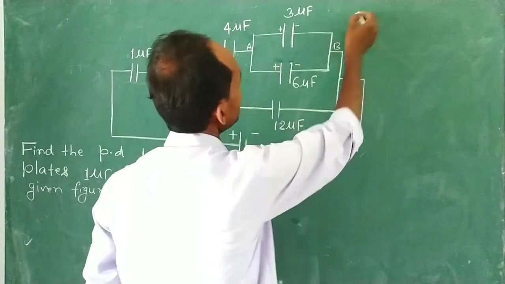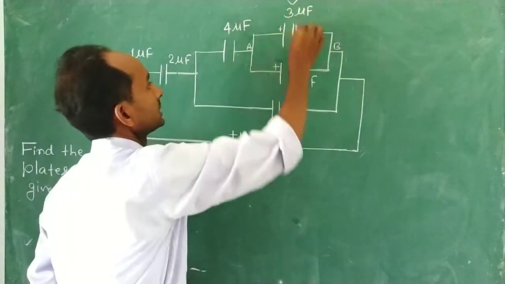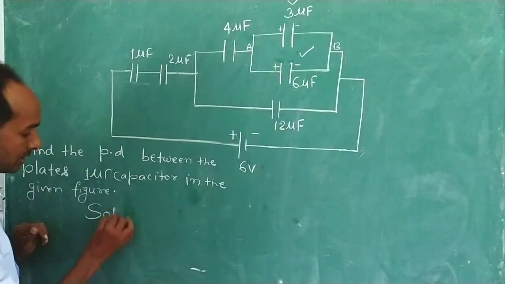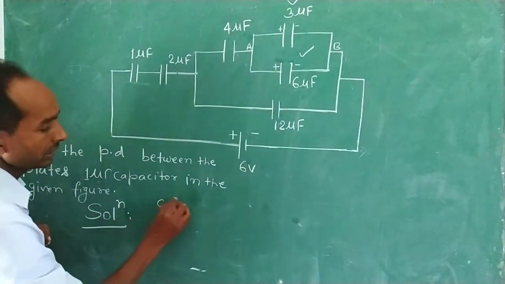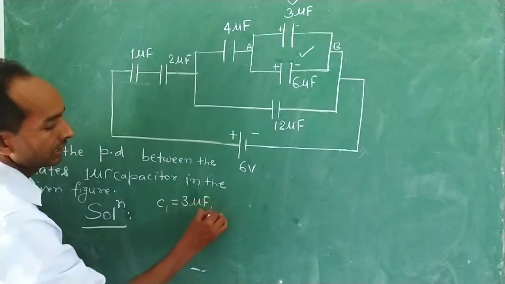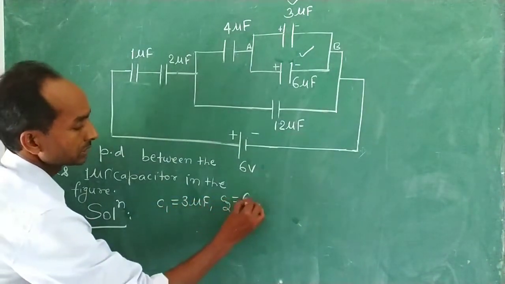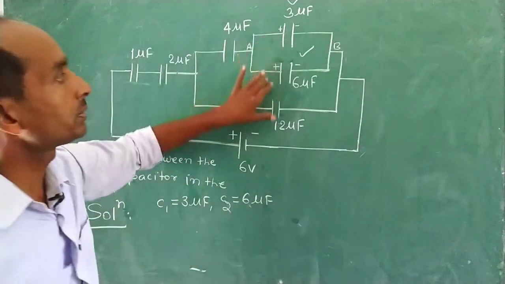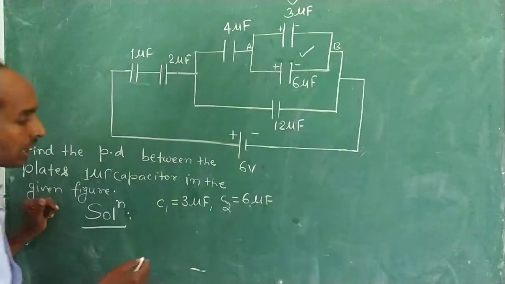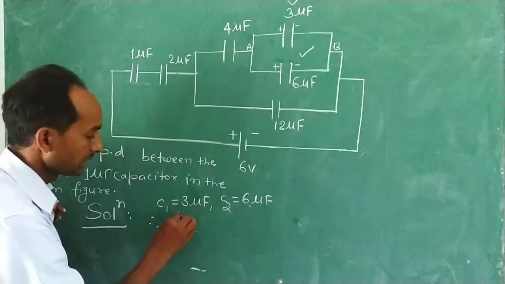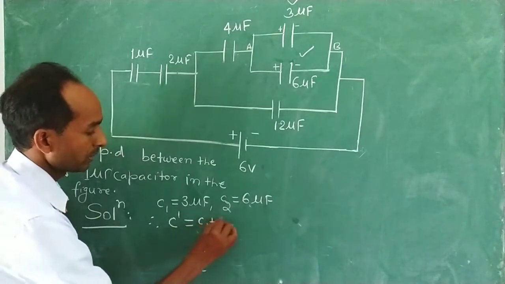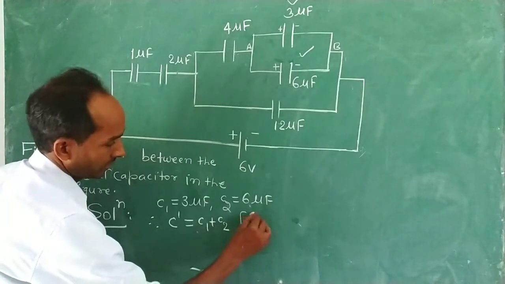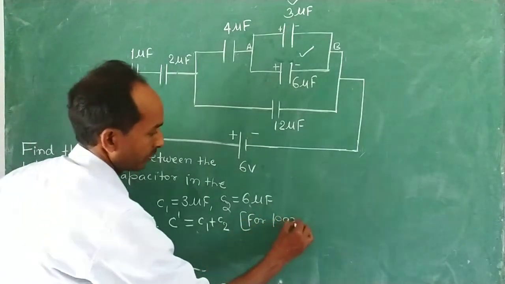So, in this circuit C1 equal to 3 microfarad and C2 equal to 6 microfarad. Therefore, the equivalent of these two capacitors is given by C dash equal to C1 plus C2, because they are in parallel combination.